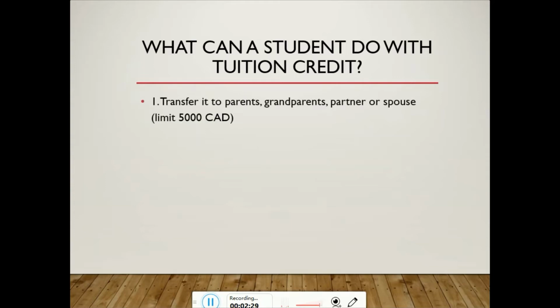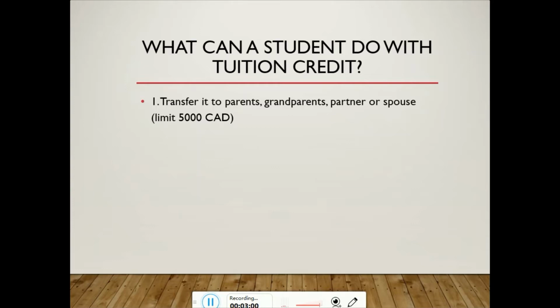Now the first option is he or she can transfer it to parents, grandparents, partner or spouse, and there is a limit of 5,000 Canadian per year. So basically this is more directed towards Canadian citizens or permanent residents, or those who have their parents here who are filing taxes in Canada. This may not be applicable to international students because their parents, grandparents, spouse or partner may not be here.